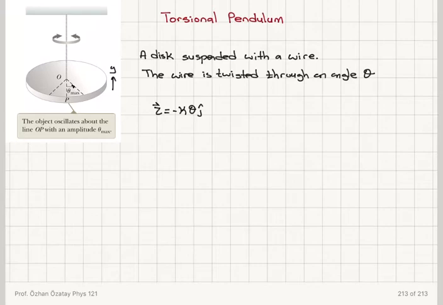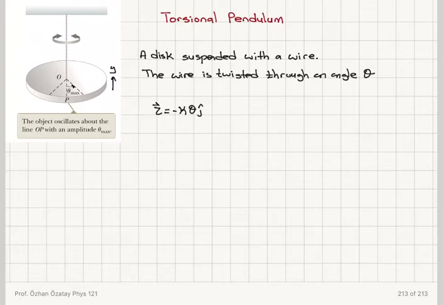So in which direction is the torque going to be? So if this is my y-axis, it's in minus j hat direction, right? Because my angle is increasing to the right on the figure.